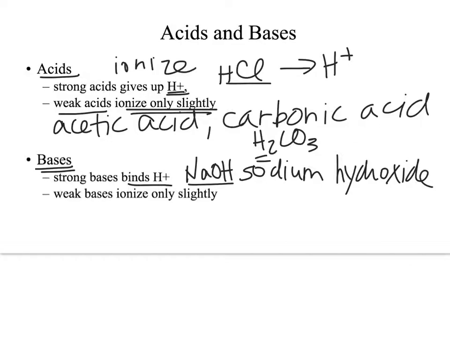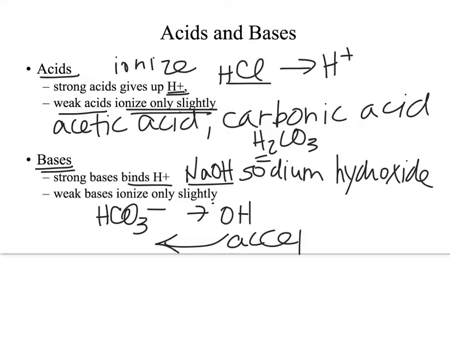Now weak bases ionize slightly, but not as much as sodium hydroxide. An example of that would be HCO3 negative. It'll give up an OH, or it'll accept a hydrogen ion. So it'll pick it up and then it becomes this.